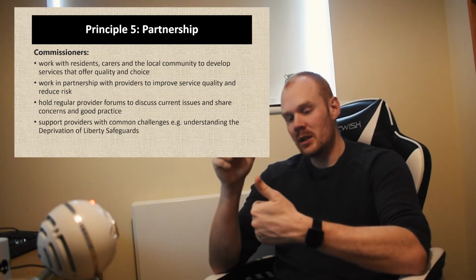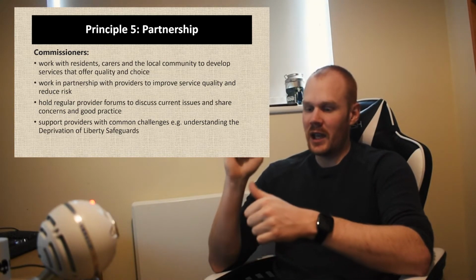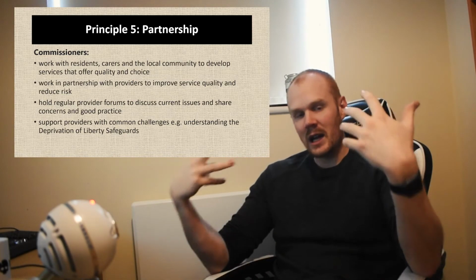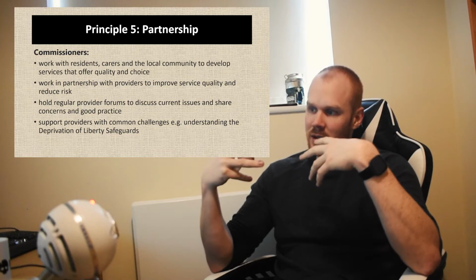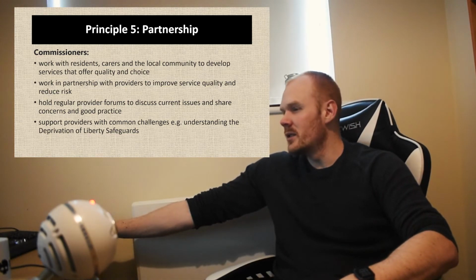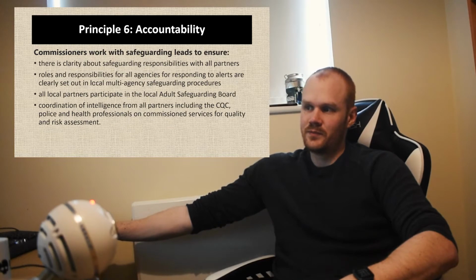So that means including the community, carers, residents, and the staff. Everyone needs to be working in partnership to tackle abuse. It's not something that can be done on its own.